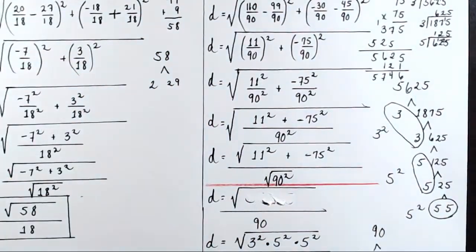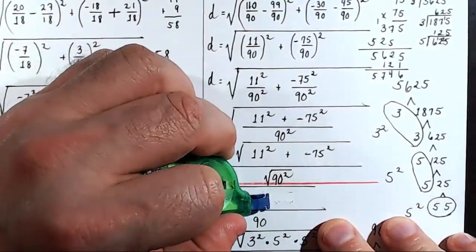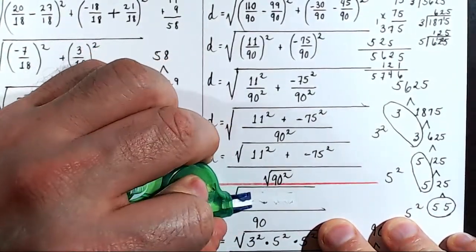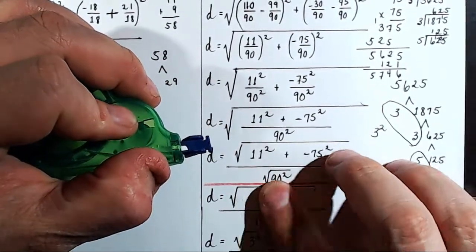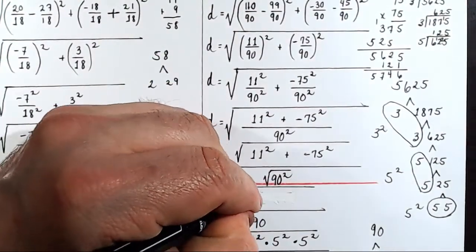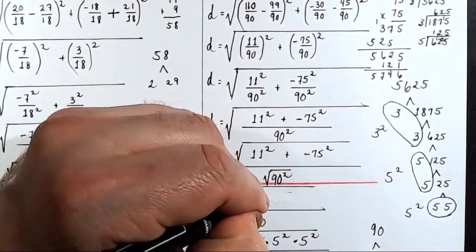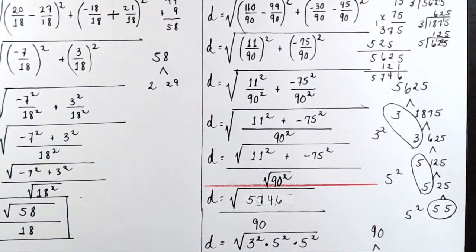And my correcting tape is losing its mind. Okay, so this is 5746. That's what I need to factor there. Okay?